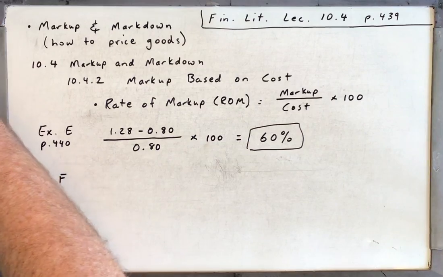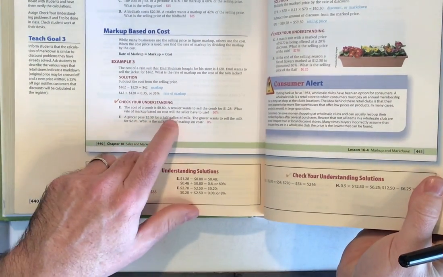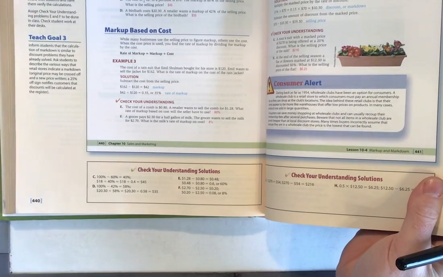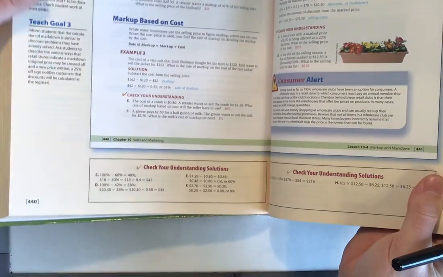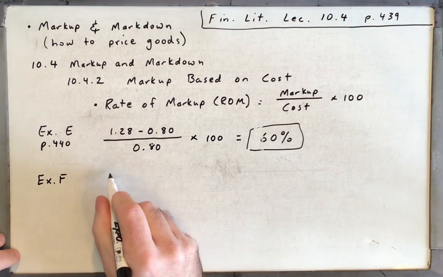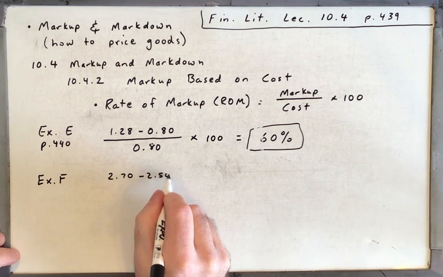And then example F, all right, so right underneath, it says a grocer pays $2.50 for a half gallon of milk, wants to sell the milk for $2.70. What is the milk's rate of markup on cost? All right, so the markup amount is 20 cents, 2.70 minus 2.50.